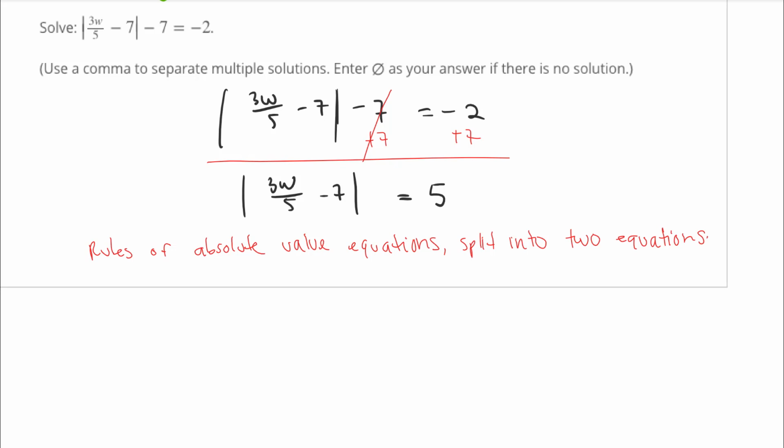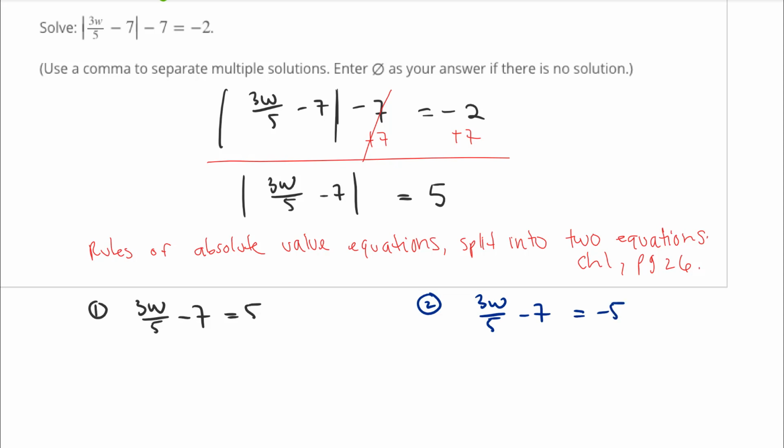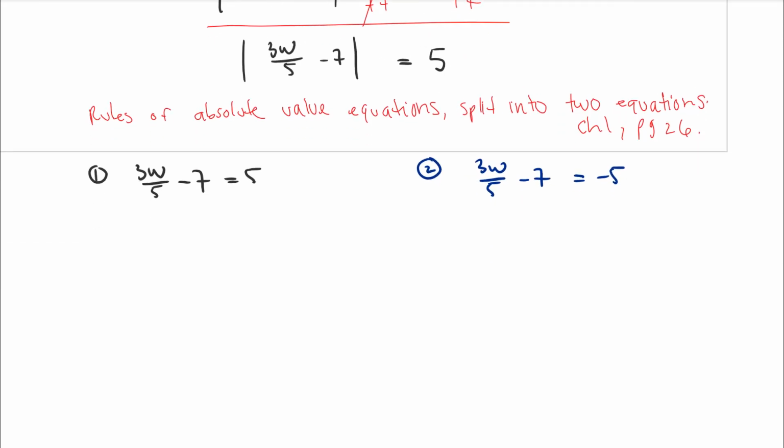And remember, that comes from chapter 1, page 26, if you need more review. So the first equation I'm going to have is 3w over 5 minus 7 is equal to 5. And my second equation, I'm going to have 3w over 5 minus 7 is equal to negative 5. So the only difference between them is a 5 and a negative 5.